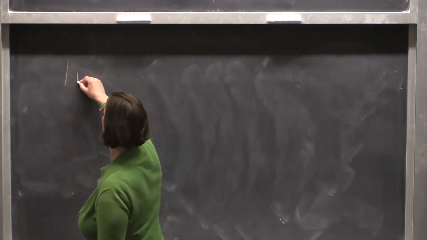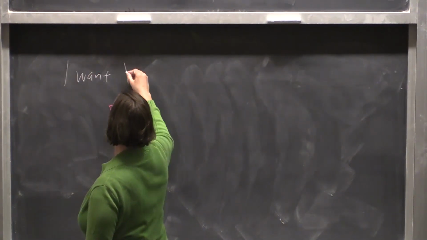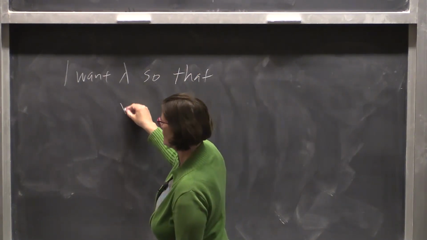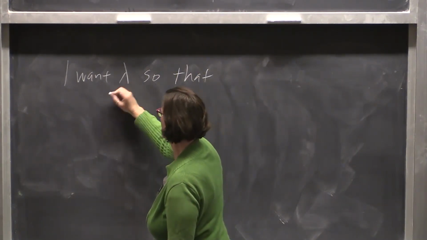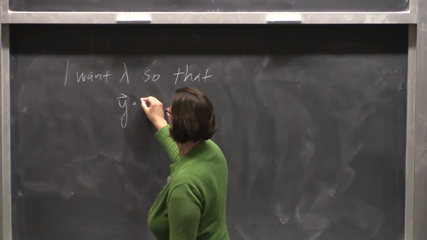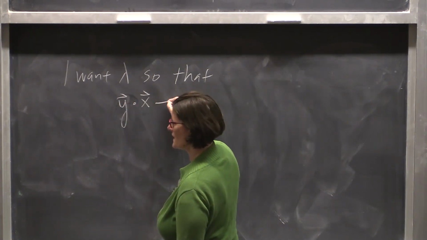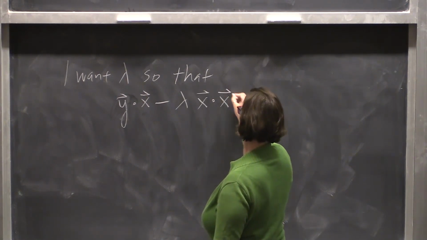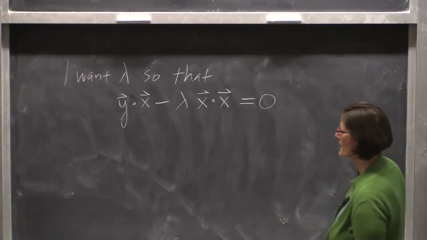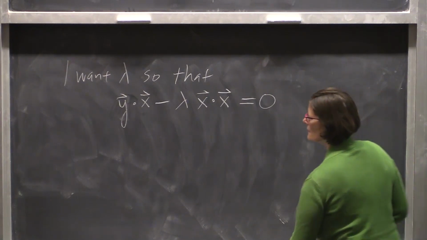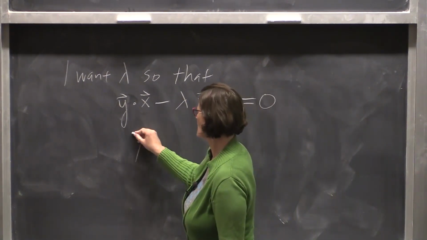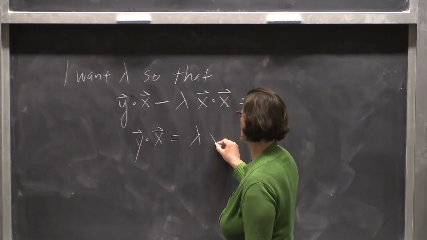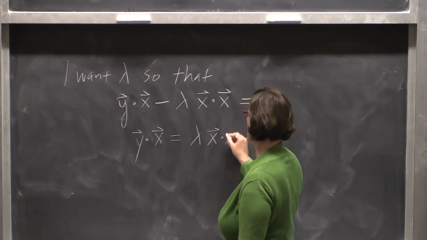So I want lambda so that y dot x minus lambda times x dot x equals 0. I want y dot x equals lambda times x dot x.